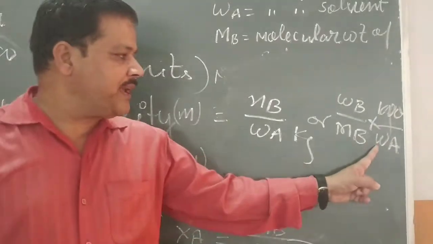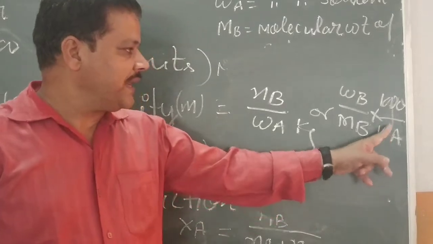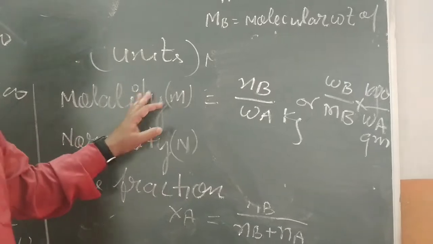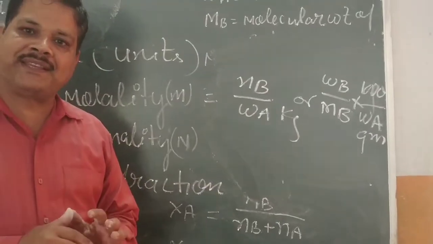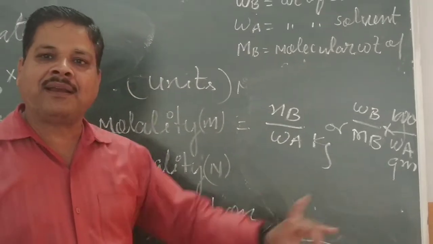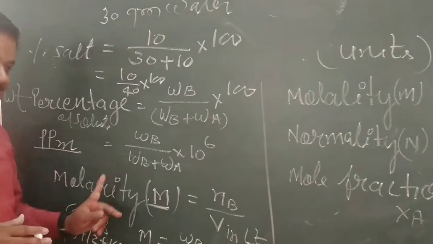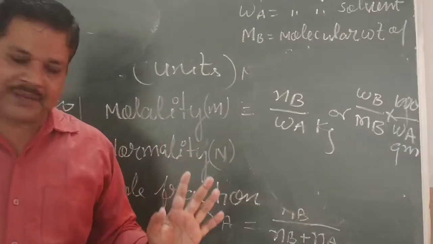Instead of volume, we are using the mass of solvent in gram, not in kilogram. Molarity is affected by temperature, because by decreasing or increasing temperature, volume is affected, not mass. But molality is independent of temperature.